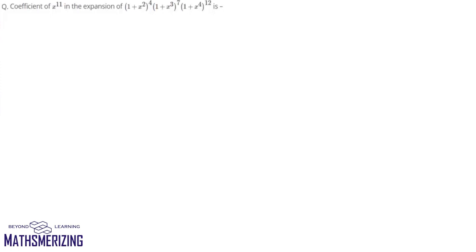Now here the question is, we need to find the coefficient of x to the power 11 in the expansion of (1 plus x squared) to the power 4, (1 plus x cubed) to the power 7 and (1 plus x^4) to the power 12.